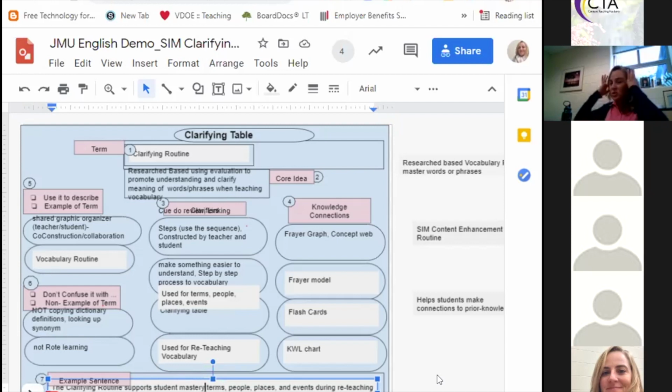So what I want you to do real quick is close your eyes. Everybody close your eyes. I can't tell if you're doing it or not, but I want you to think in your head, when I say what is a non-example of the clarifying routine, what was written down on our clarifying table?